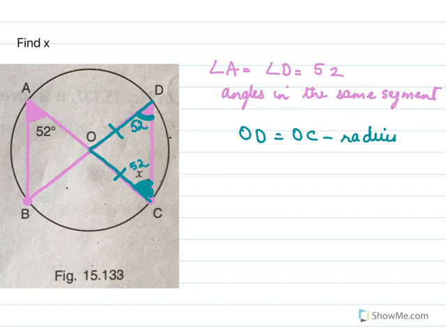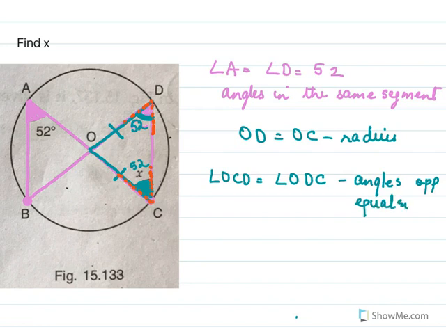So angle OCD will be equal to ODC. So now you have angle OCD equal to angle ODC, angles opposite equal sides. So x will be also equal to 52.